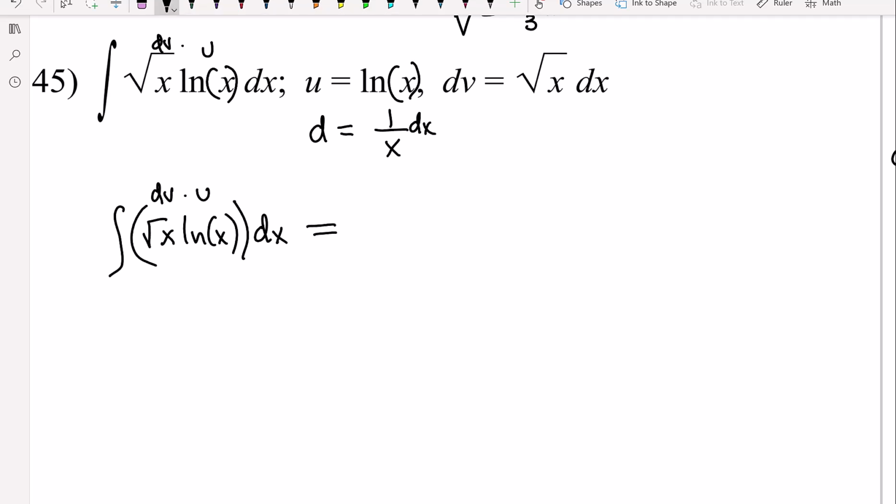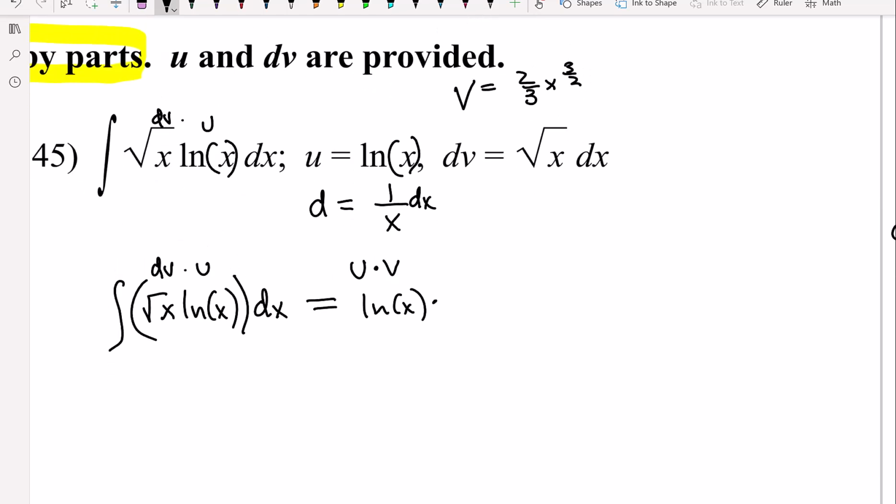And now all of that equals the u times the v. So our u is ln of x times the v, which is 2/3 x to the 3/2, and then we're probably going to rewrite that at the end. Subtract the integral of the v. So this 2/3, I'm going to bring the 2/3 out, and then that's just x.